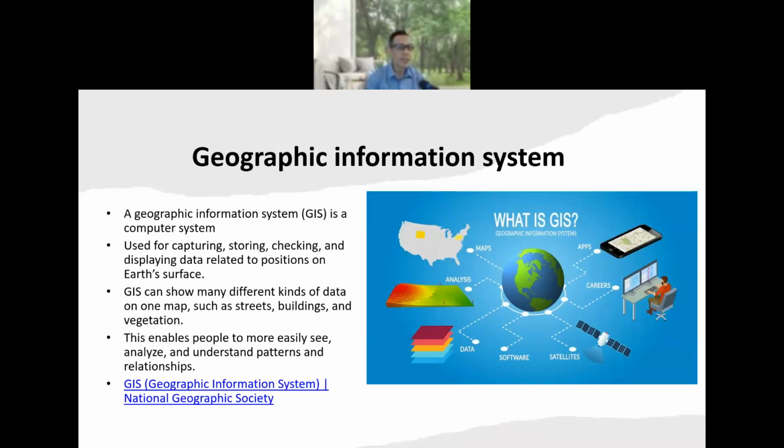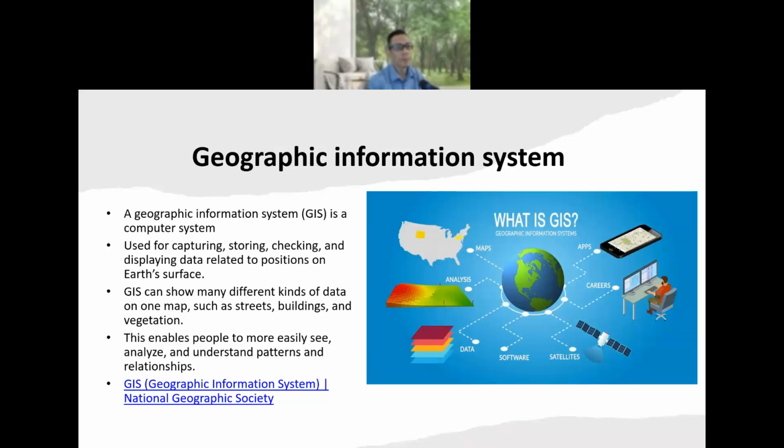So GIS can show many different kinds of data: streets, buildings, vegetation, and so on. If you have GIS, you will be able to convert your data into something that people can see, on a map, for example like Google Map.